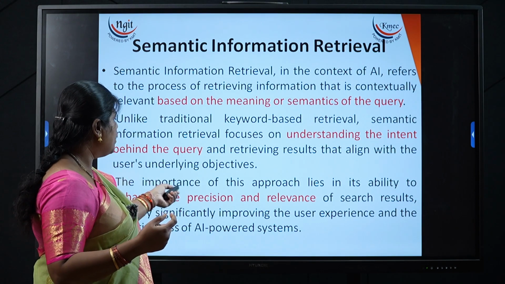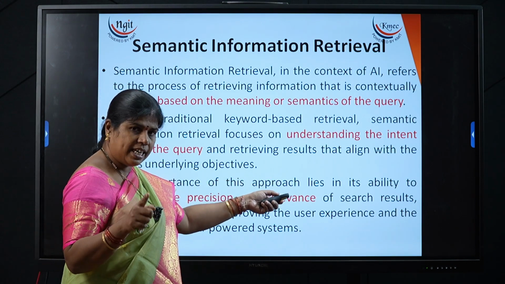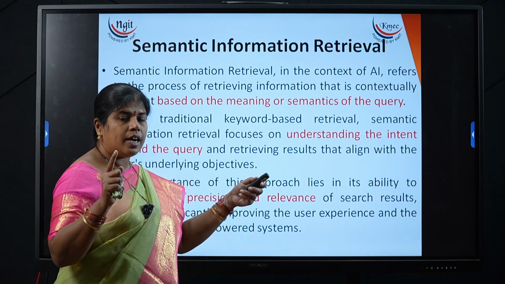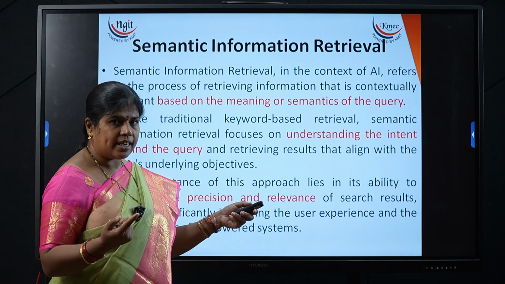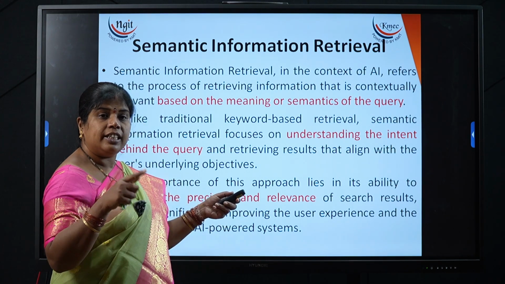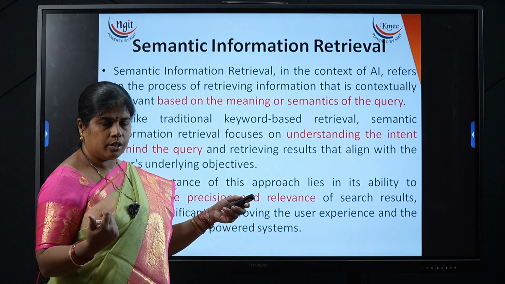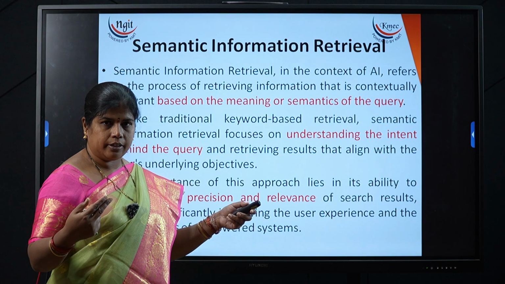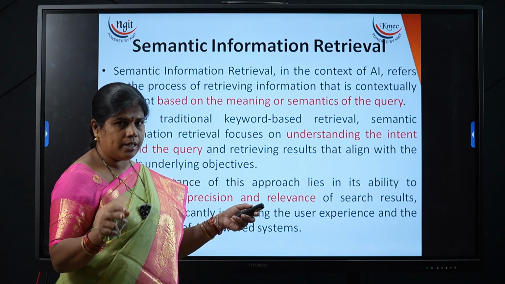Now the importance of this approach lies in its ability to enhance precision and relevance. If you understand what exactly the user wants to search, then only you can provide the related information to the user, and then only will it give me good feedback related to the relevance of my result.